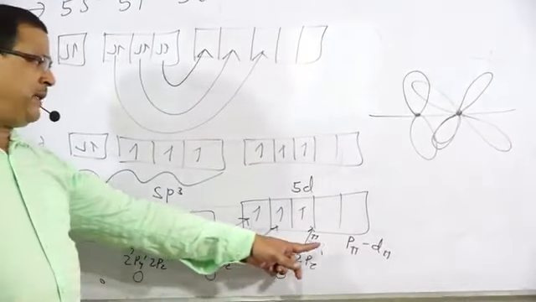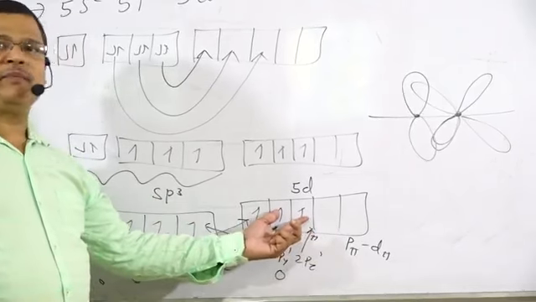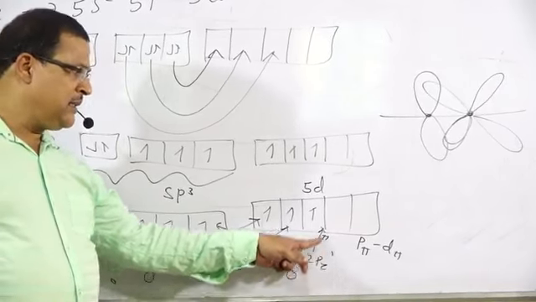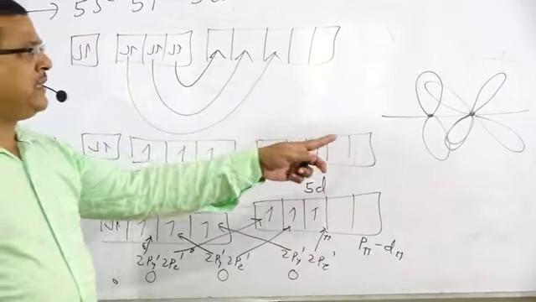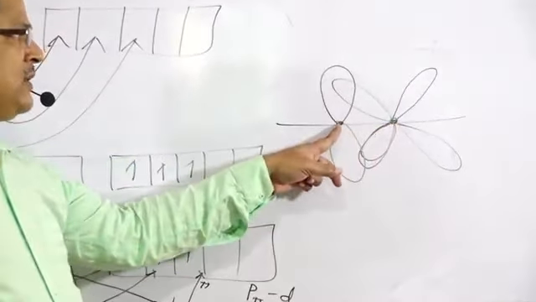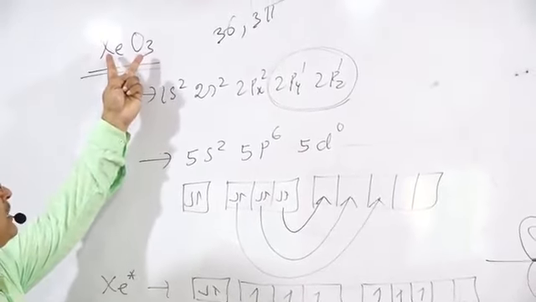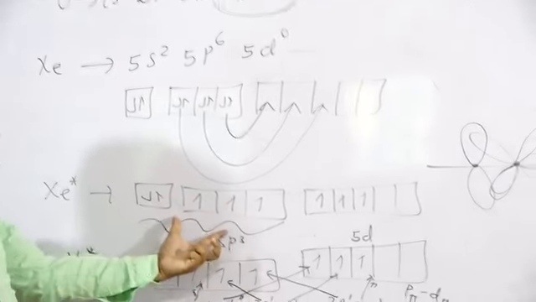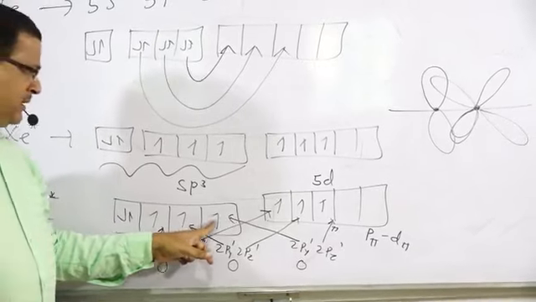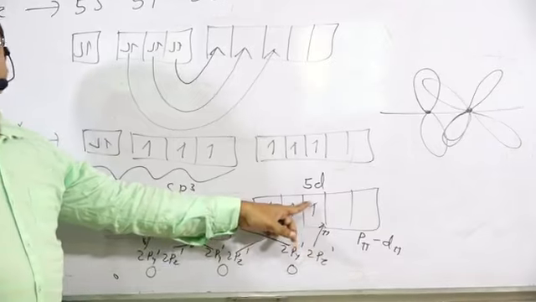In this p pi d pi bond, the central atom involves its d orbital for the pi bond formation, and the oxygen atom involves its p orbital. So xenon trioxide has sp3 hybridization, with 1 lone pair of electrons, 3 bond pairs of sigma and 3 bond pairs of pi.